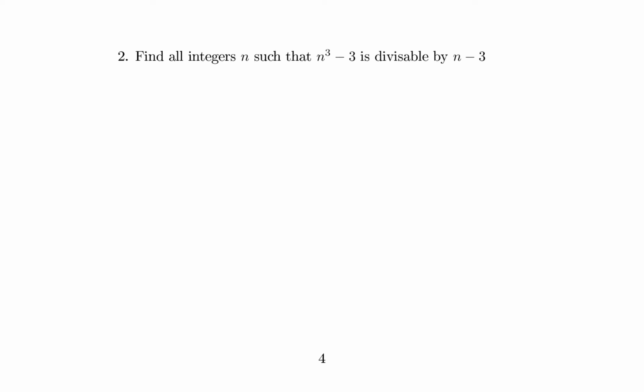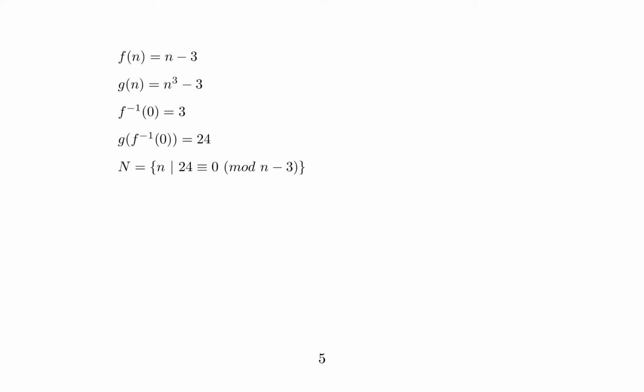Then, find all integers n such that n cubed minus 3 is divisible by n minus 3. This problem is pretty similar to the last one. So n minus 3 is f of n, g of n is n cubed minus 3, and then f inverse of 0 is 3, and we can find g of f inverse of 0 is 24.